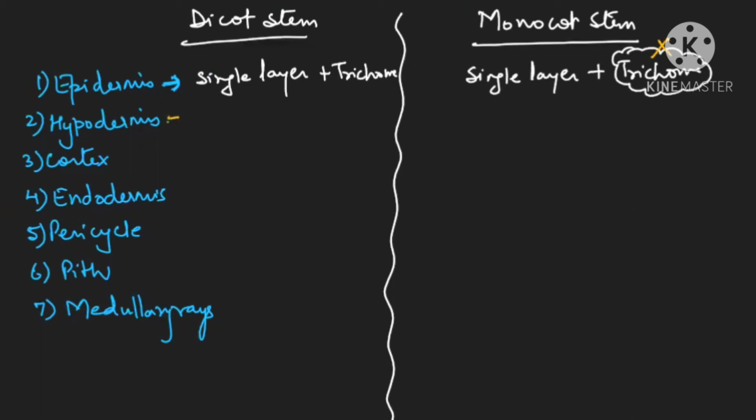Now hypodermis: here the hypodermis is collenchymatous, collenchyma, and here the hypodermis is sclerenchyma.